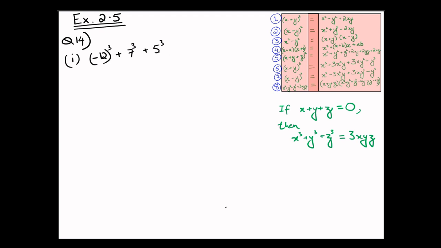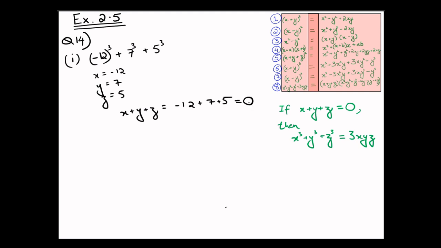In each of these, where x is equal to minus 12, y is equal to 7, z is equal to 5, I can clearly see that x plus y plus z, which is minus 12 plus 7 plus 5, becomes 0.